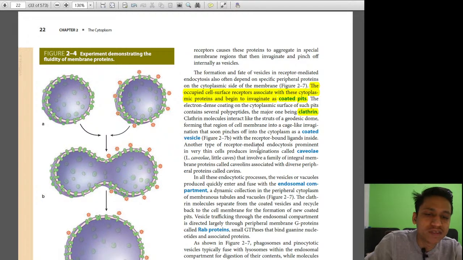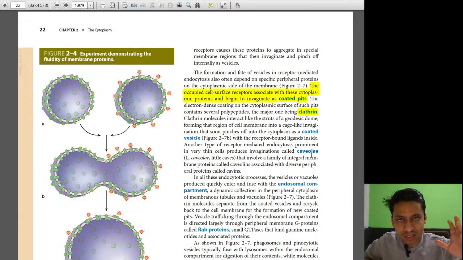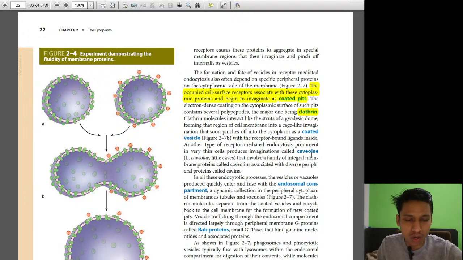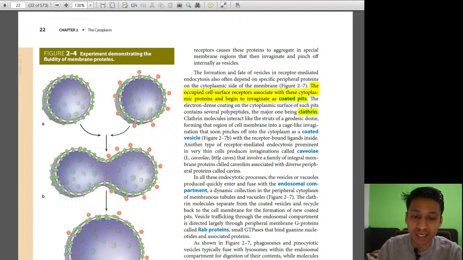Another type of receptor mediated endocytosis, in very thin cells, produces invaginations called caveolae. So another type is just this type of invagination. The pit that was made, or you can call it an invagination, is called caveolae, that involves a family of internal membrane proteins called caveolins associated with diverse peripheral proteins called cavins.